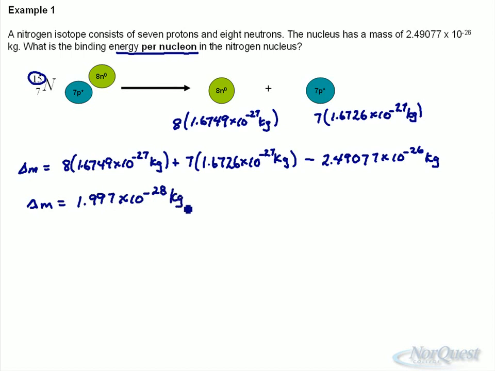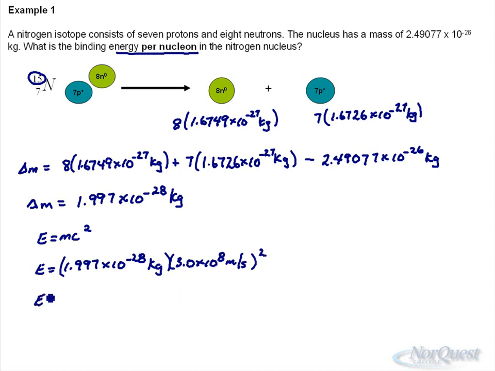This is how much mass was converted to energy. Now we use Einstein's equation, E equals mc squared. So the energy equals 1.997 times 10 to the negative 28 kilograms times 3.0 times 10 to the 8 meters per second squared.